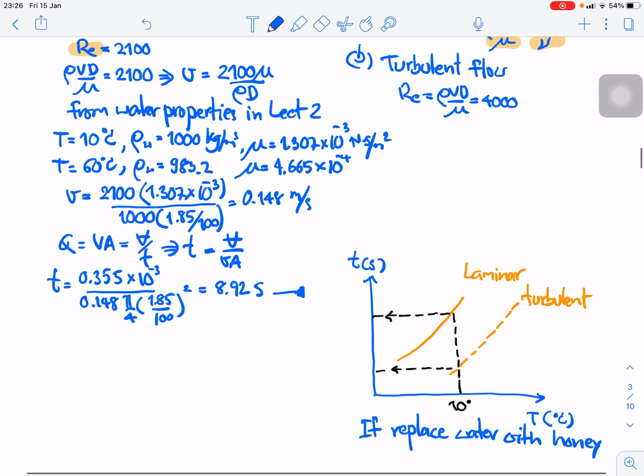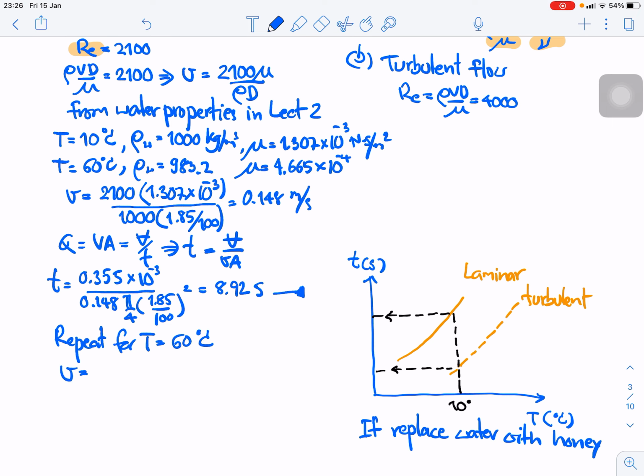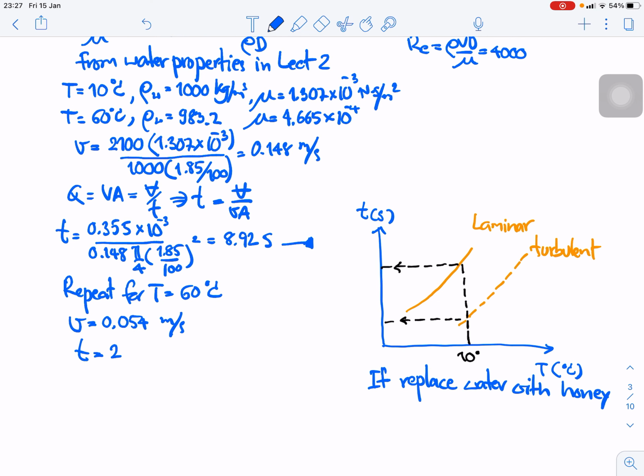Okay, and we can repeat for a temperature of 60. We find that the velocity is even smaller, 0.054 meter per second, and the time is longer, 24.4 seconds. Okay.